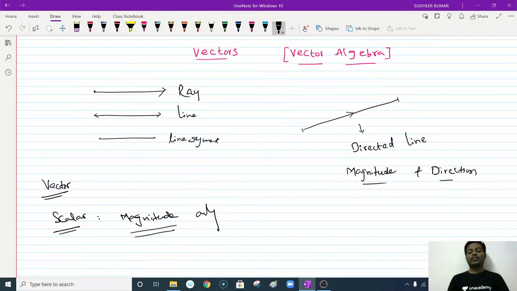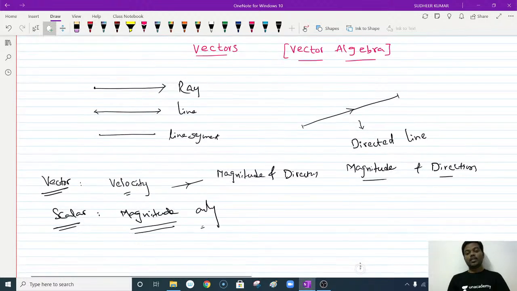These are all scalars because they have the magnitude only, no direction. When it comes to velocity, it has the magnitude as well as direction also. So the quantity which has both magnitude and direction is called a vector. A quantity which has only the magnitude is called a scalar. Clear? So let us clear the concept here.